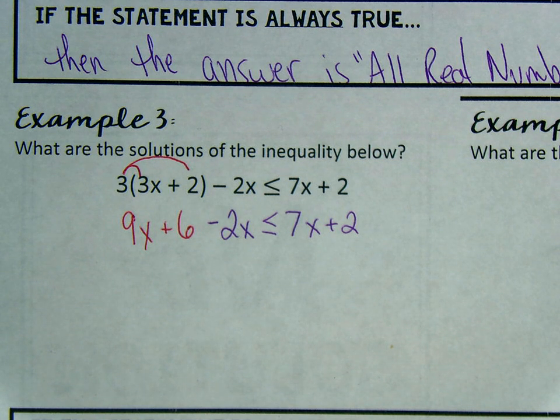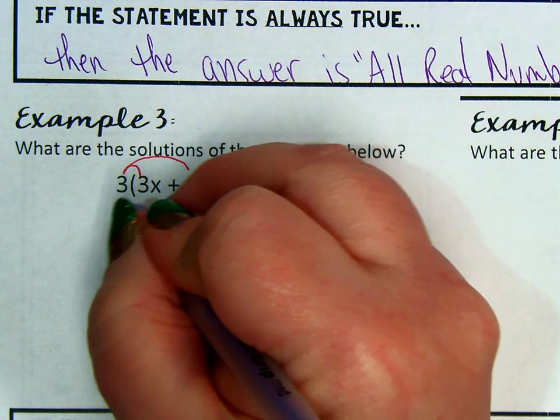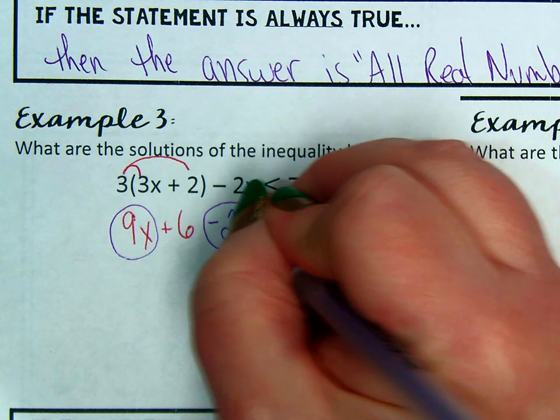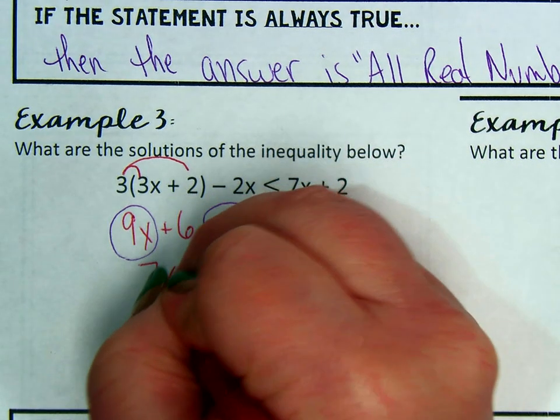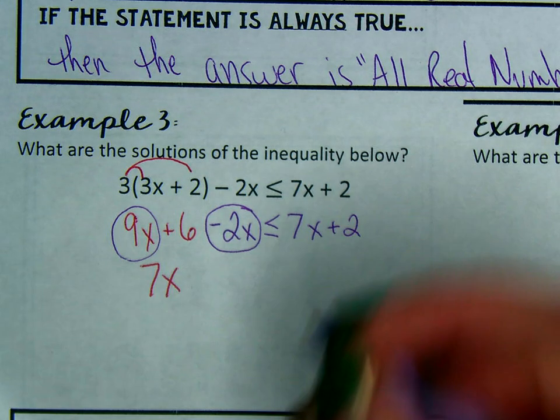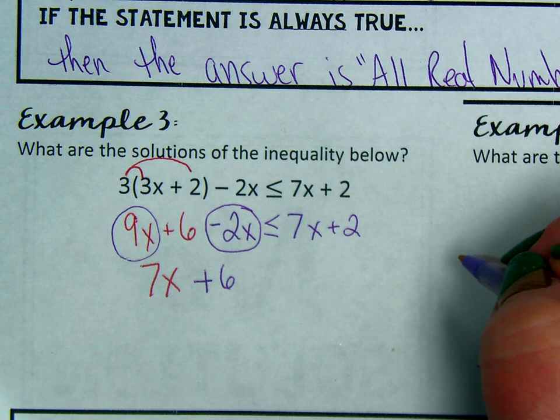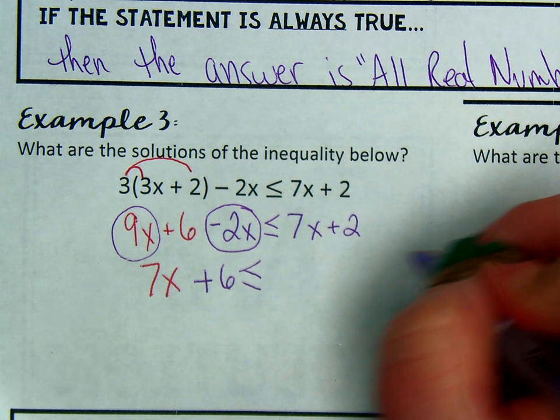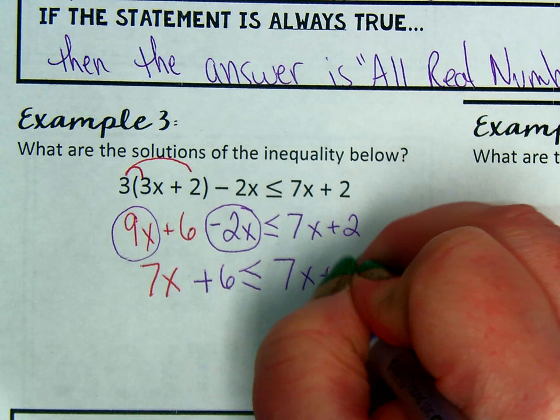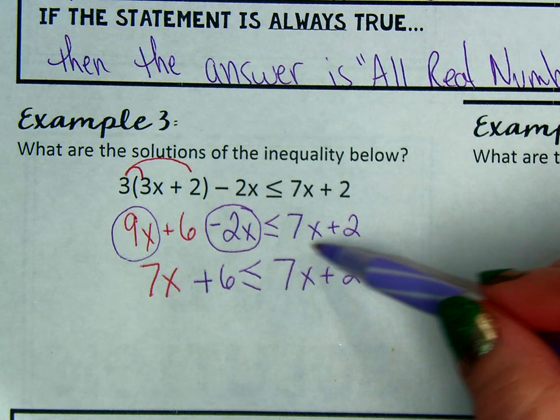So I'm going to combine like terms on the same side. I get 9x minus 2x. Well, 9 minus 2 is 7x. I did not use the 6, so I rewrite it. I don't start moving anything at this point. I rewrite the inequality, and I rewrite 7x plus 2 because there are no like terms on this side of the inequality.